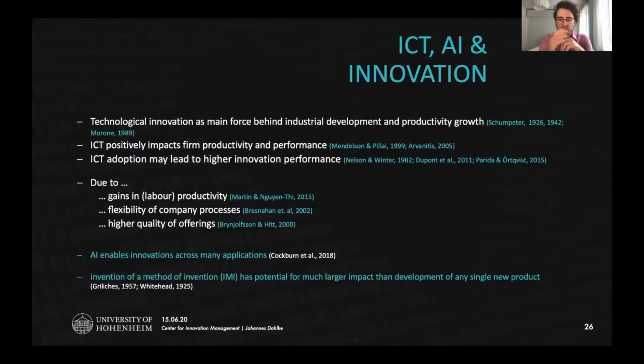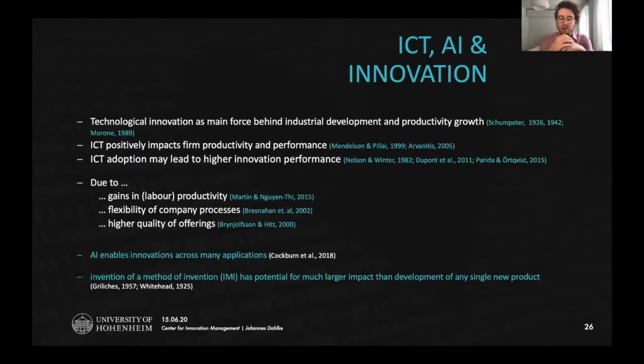And through adopting ICT, they also may be able to create higher quality of products and services. Now, recently, for example, Cockburn, Henderson, and Stern have argued that AI might go beyond these effects we see for ICT. So not simply making processes faster, increasing development speed, maybe freeing up resources that can be invested in R&D ventures, but that AI may more radically transform the activities or substitute some activities within the innovation process, as it is a general purpose technology that can be applied for many different tasks, many different fields and sectors, right?